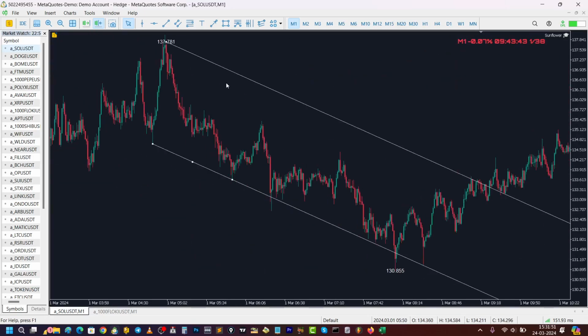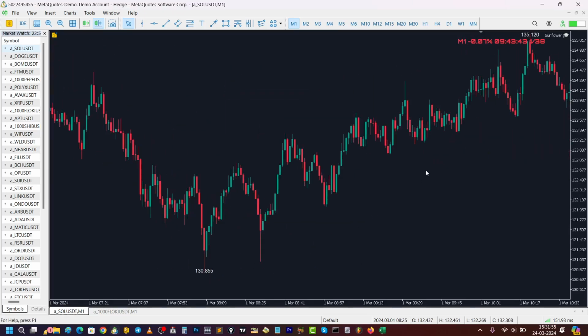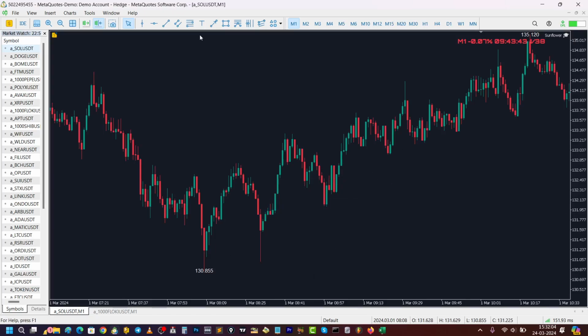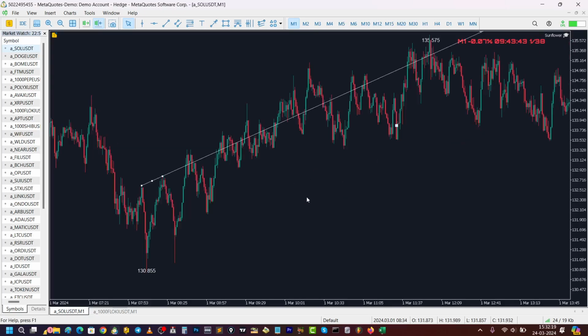Now I'm going to show this example on the rising trend. So if the trend is rising, the wrong way to draw a trend line is like this. You are drawing it wrong, because I told you if the trend is rising, we draw a trend line using resistance. So here you see the last resistance, this is the low, and the last resistance we got here, and after that we got a resistance like this.